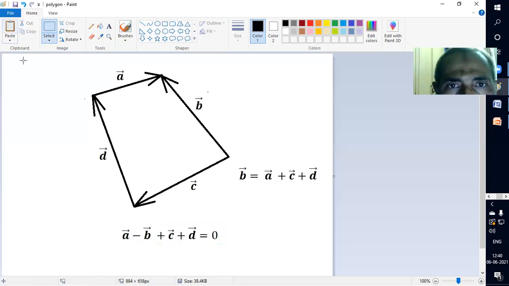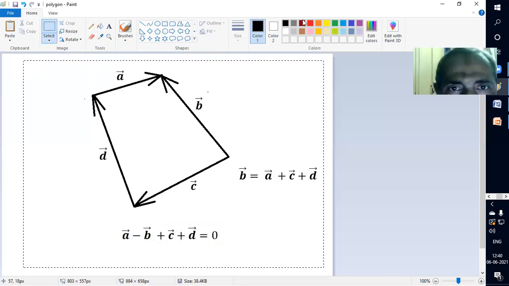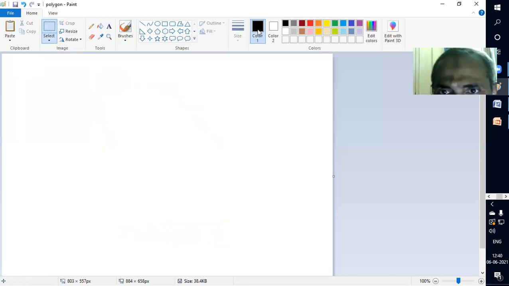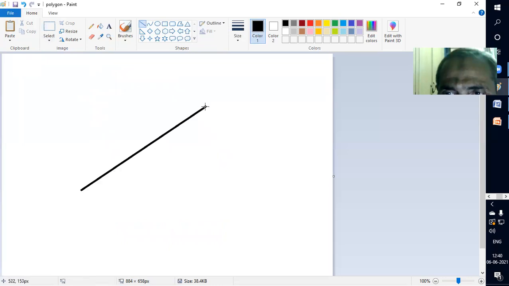Let me delete all these things. You consider there is a vector like this. This is one vector.